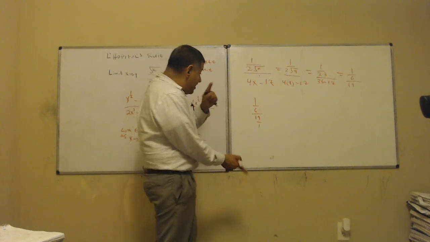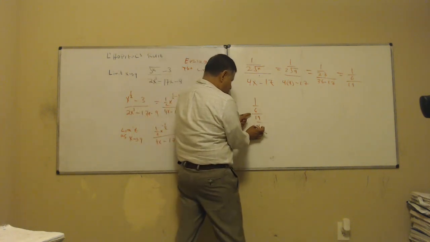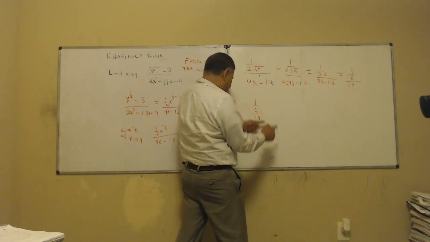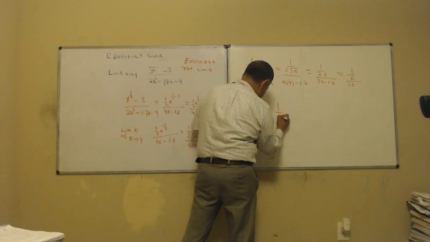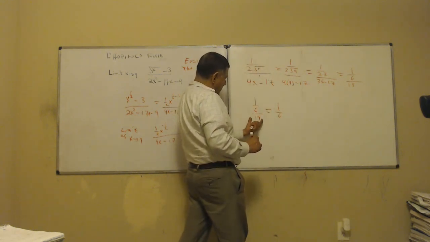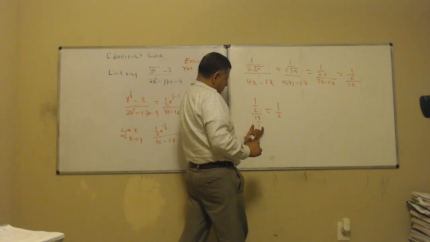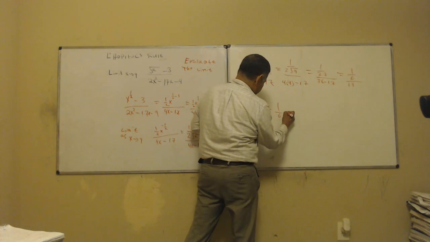Now you flip this. When you flip this, you get the following. Basically, what you're saying is 1/6 divided by 19. But you flip this, and because it's over 1, then you multiply.